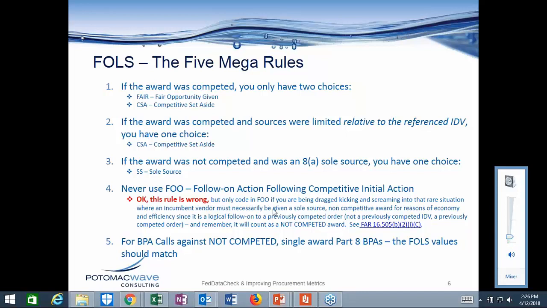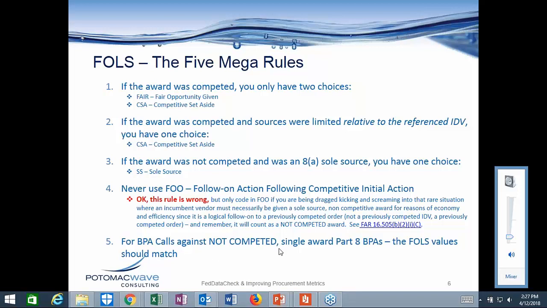I put here, only if you're being dragged kicking and screaming into that rare situation where an incumbent vendor, someone currently doing work for you, had to be given a sole source, not competitive award for reasons of economy and efficiency because it was related to the work they're currently doing for you. It's very rare. Education has done some that we're going to look at. But 99% of the time, if you just forget you saw this one, you'd be better off.